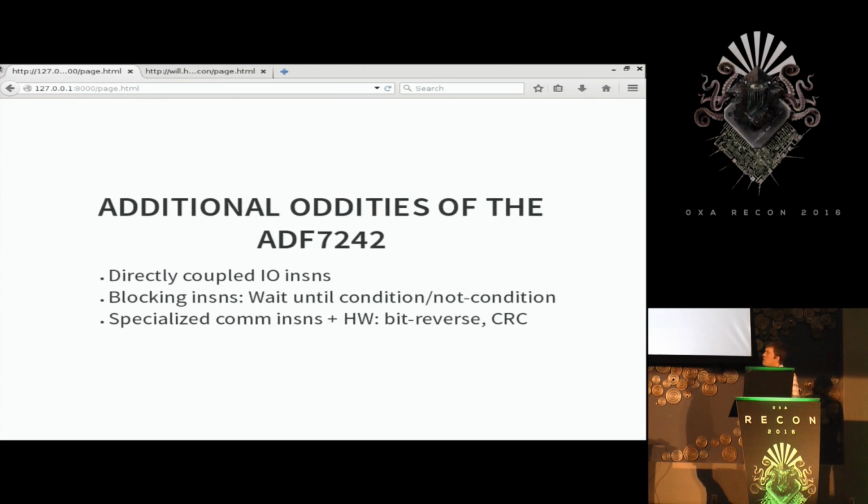But it gets weirder. There's some directly coupled I/O instructions. For example, there's an instruction that appears to allow turning on and off the power amplifier or setting it to a particular level. There's an instruction that directly enqueues some bits to be transmitted. And there's also blocking instructions to match those. For example, block the core until this particular hardware function completes, like, for example, transmitting a byte out the RF port.